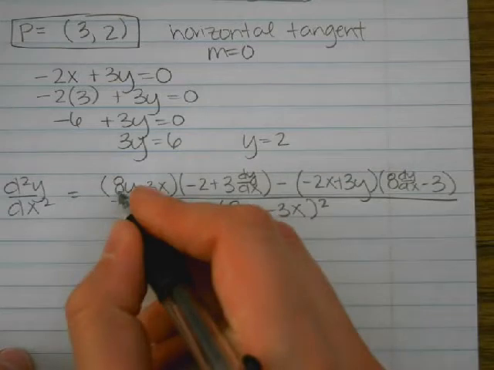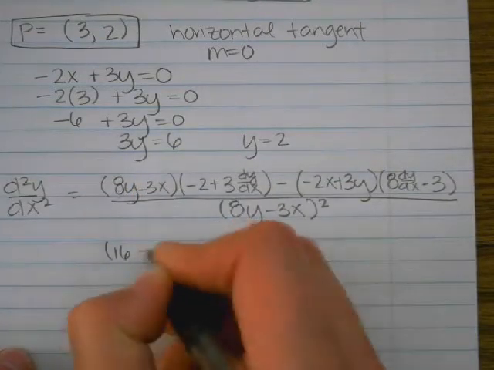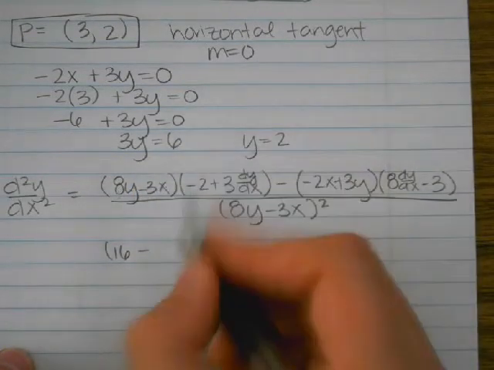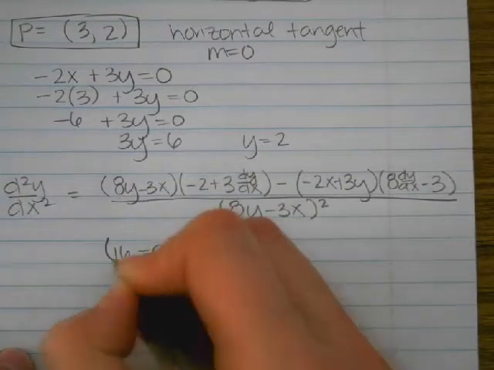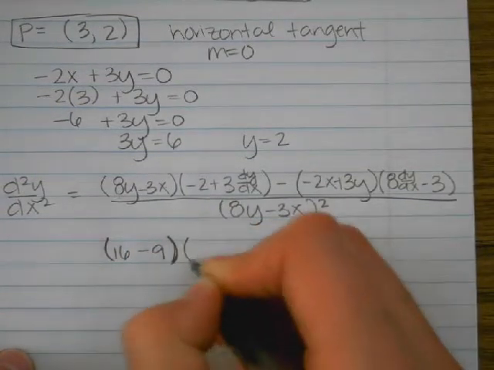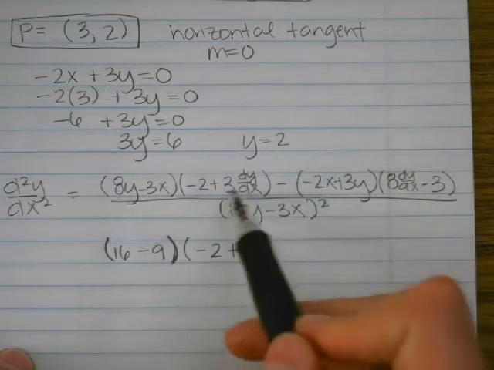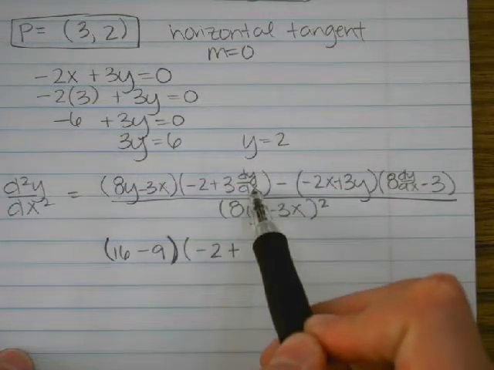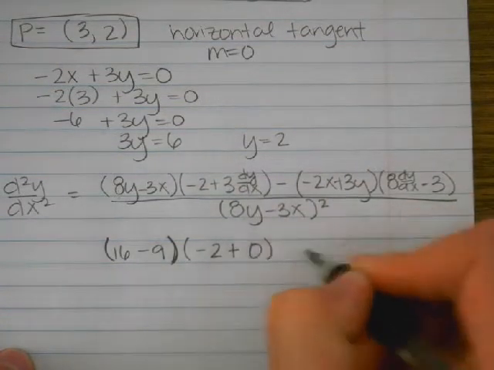So we have 8 times 2 is 16. 3 times 3 is 9. Negative 2 plus 3 times 0 is 0, right? 3 times 0 is 0.